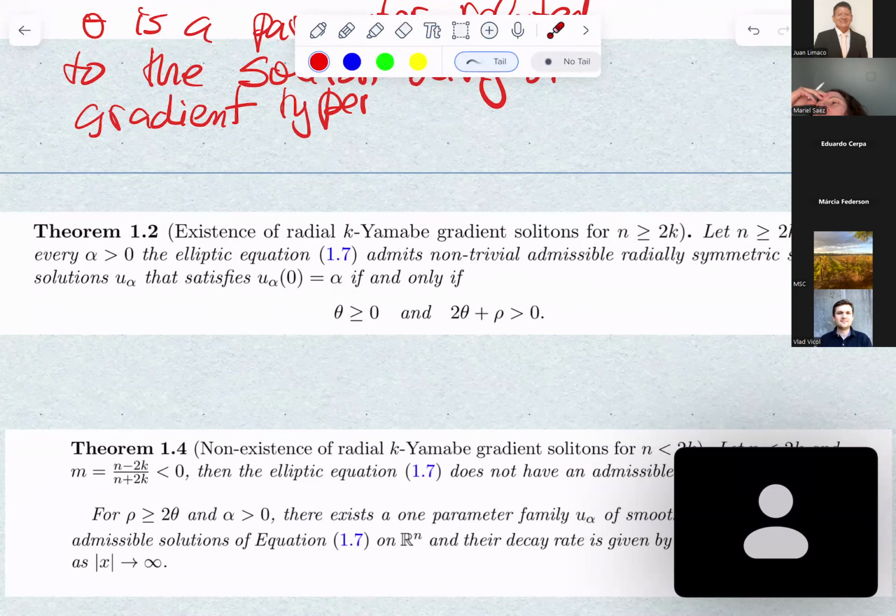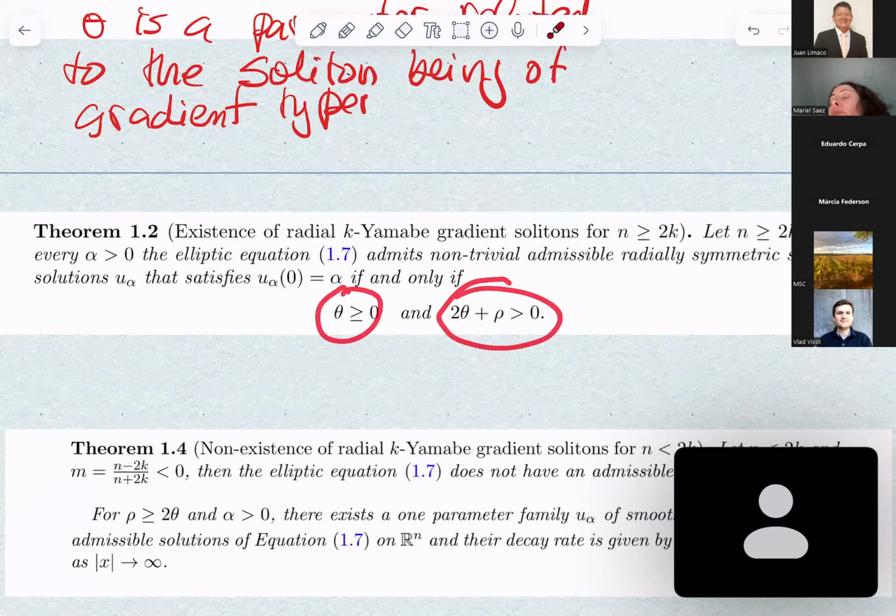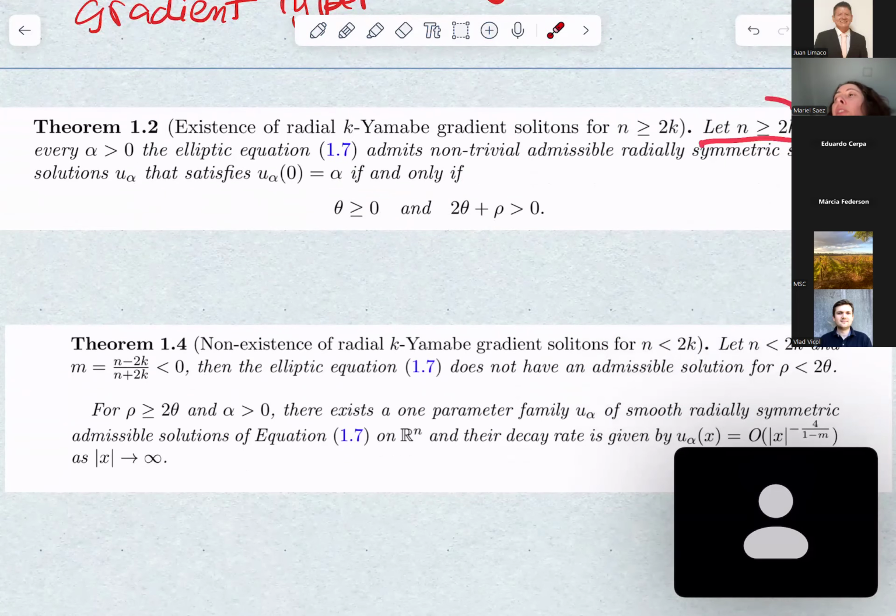Then we can find radially symmetric solutions if and only if the parameter theta that I mentioned before is positive, and this restriction that we had from before, and I'm gonna explain where these two come from. And if we don't have that n is bigger than 2k, so in the opposite case, when n is smaller than 2k, then solutions are not admissible.